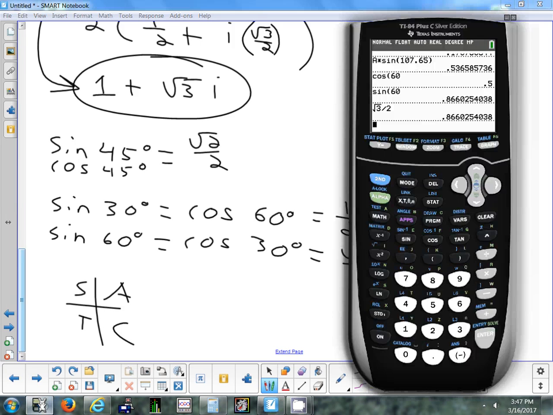So if I gave you the sine of 225, you should know what that is. Negative square root of 2 over 2.